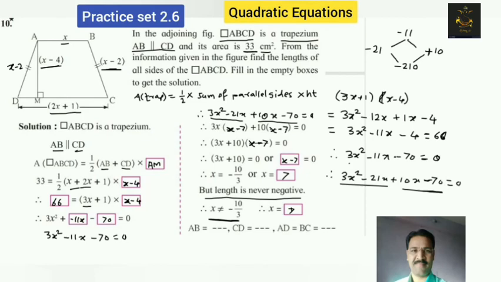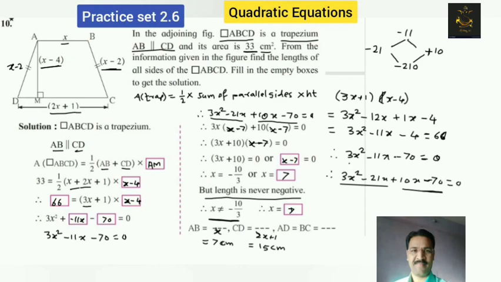Just simplification. AB is what? x. Here it is x. But x we already know, that is 7. So we can write 7 centimeter. After that CD. What is CD? That is 2x plus 1. We'll put the value of x, that is 7: 2 into 7 is 14, 14 plus 1, 15. 15 centimeter.